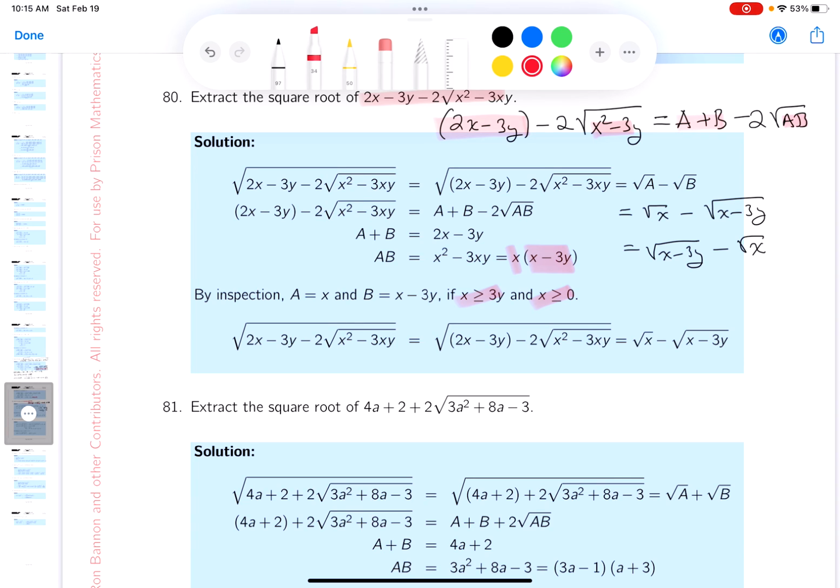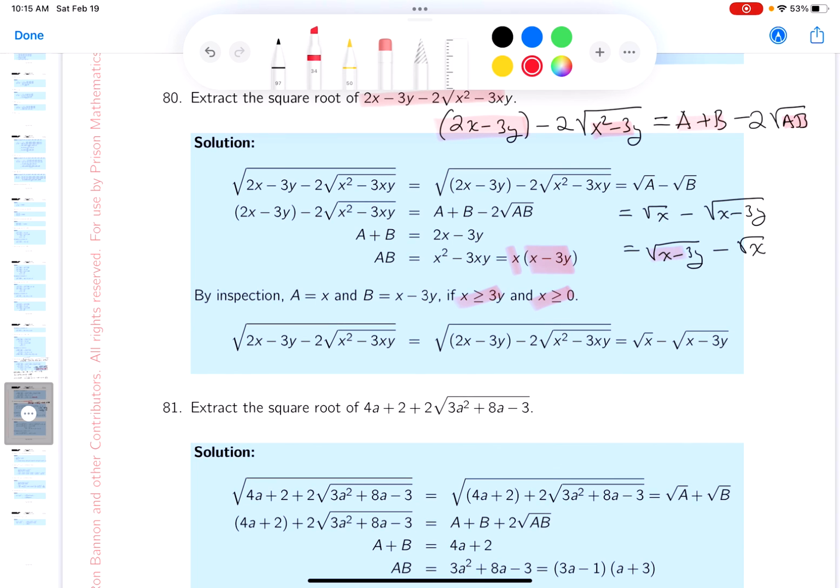But here's the problem. There's trouble in one of the answers. And the question is, what's trouble? I want to point out, if that's the case, this here would turn out to be negative. And why is that? x minus 3y would be smaller than x. So this answer over here is a no-go.